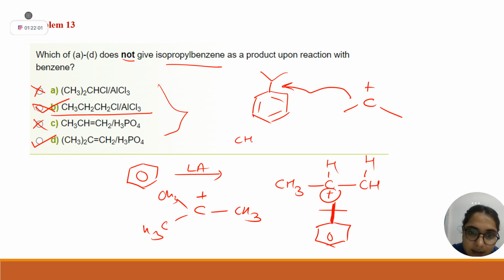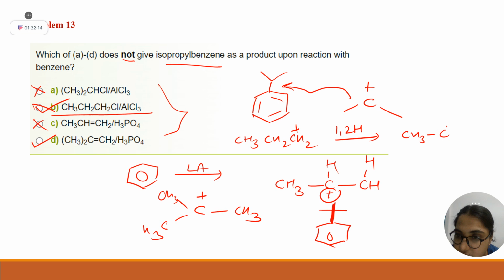Exactly. CH2+ will form first, then a 1,2 hydride shift gives CH3 C+ CH3. Now this can attack. So one thing is clear: in Friedel-Crafts alkylation, rearrangement is also possible.